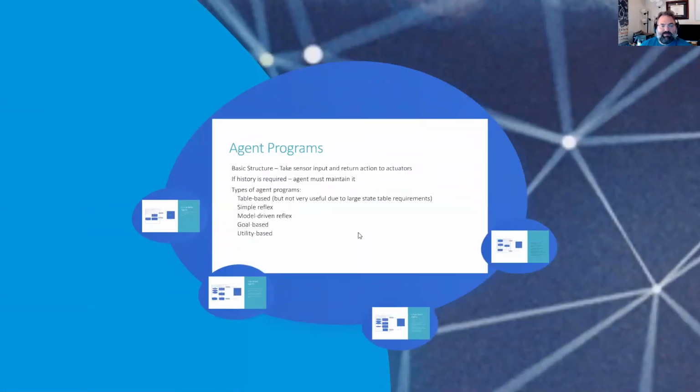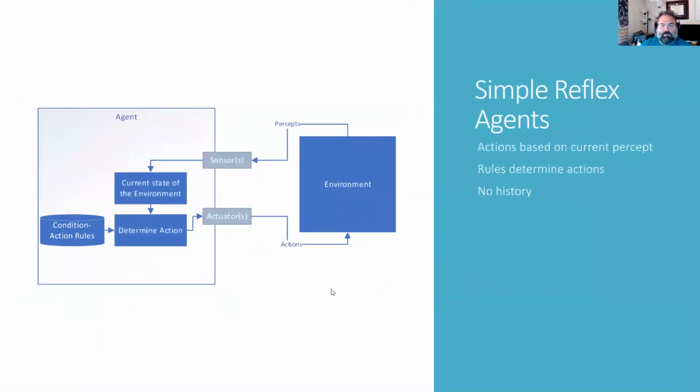Drilling into the various types of agent programs, this is basically the concept we talked about previously: they take input and return actions to actuators, and they may maintain history. Drilling into a simple reflex agent, almost the simplest one, there's basically a set of rules which determine actions based upon a combination of the environment, what it's sensing, and where it's trying to go.